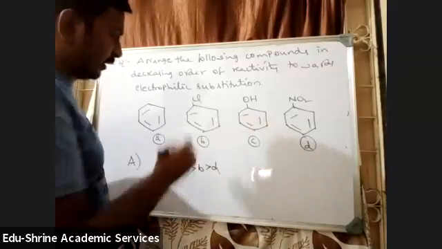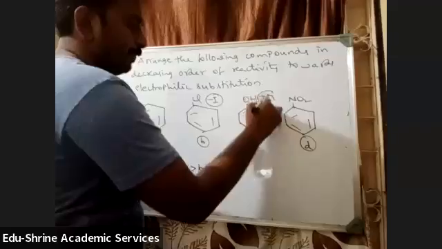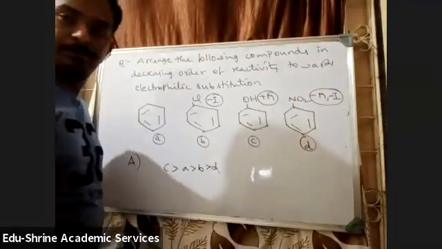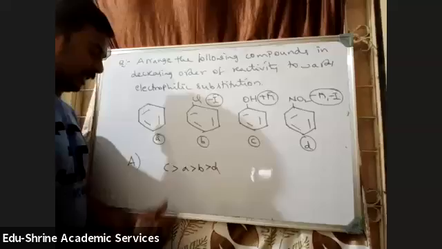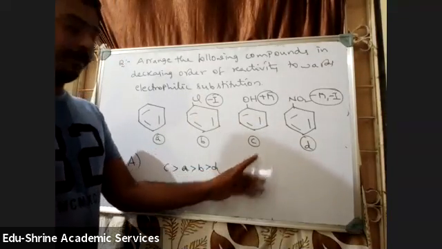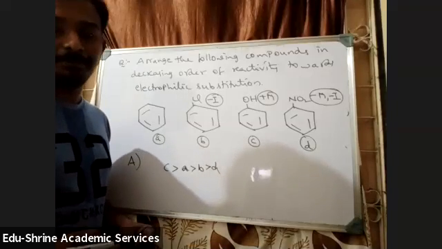Just identify the nature. So this is minus I. This is plus M. This is minus M as well as minus I. Okay? So what will be the answer? C, A, B, and D. So this is more electron donating than this. This must be wrong. Okay?